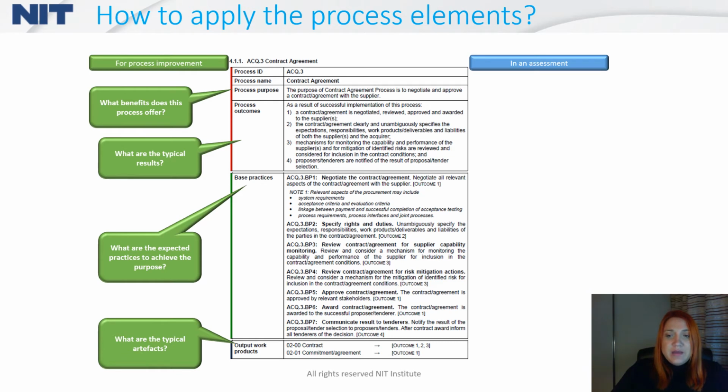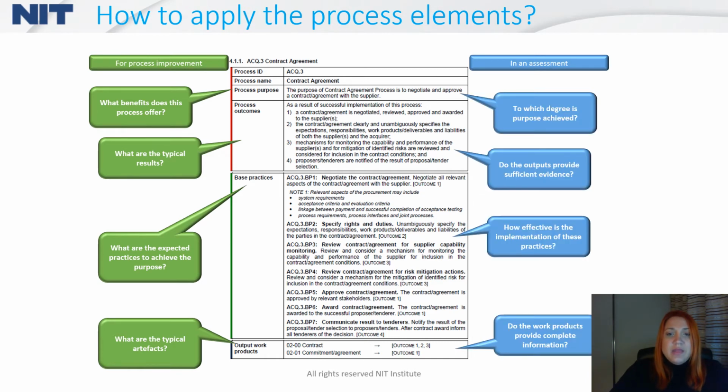Going back to the first picture, there is also the PAM, the process assessment model, where we answer different questions by zooming in on the same areas of the process. To which degree is the purpose achieved? Do the outputs provide sufficient evidence? How effective is the implementation of this practice?